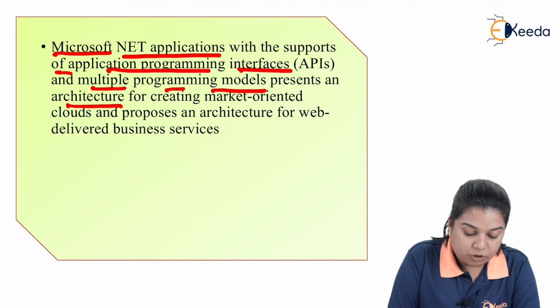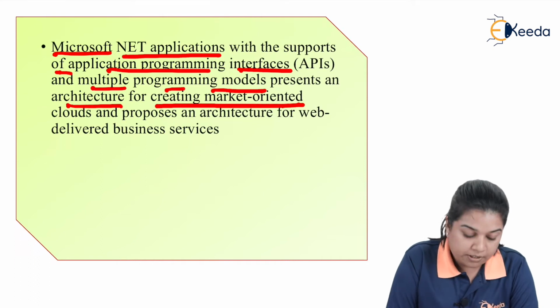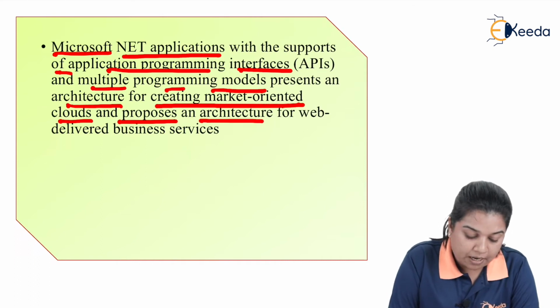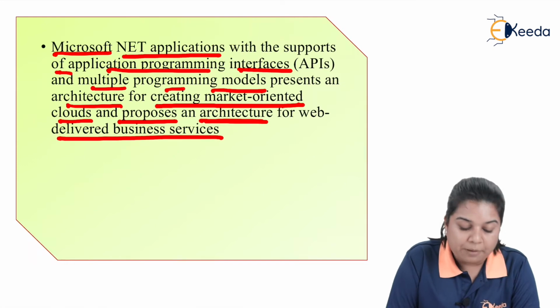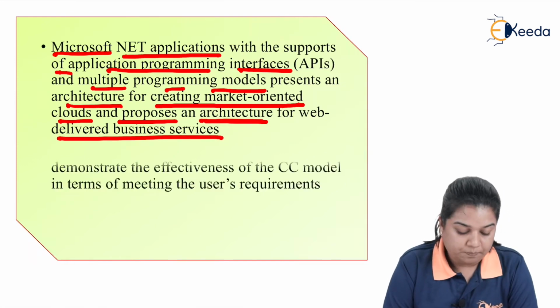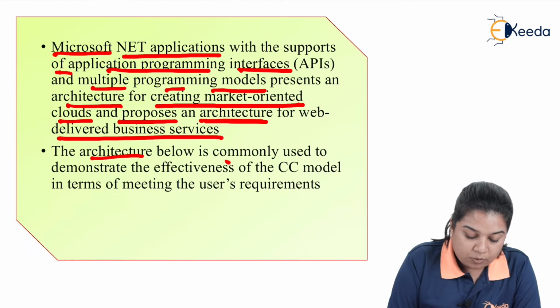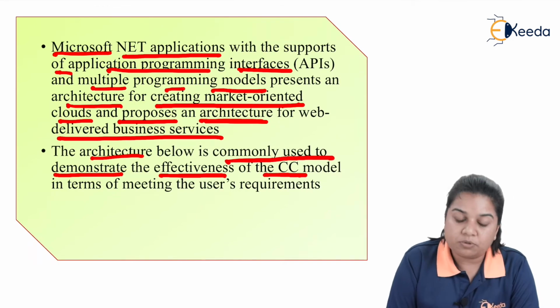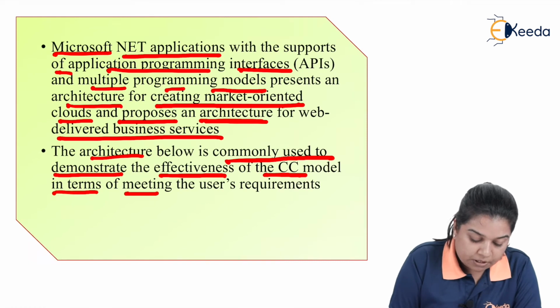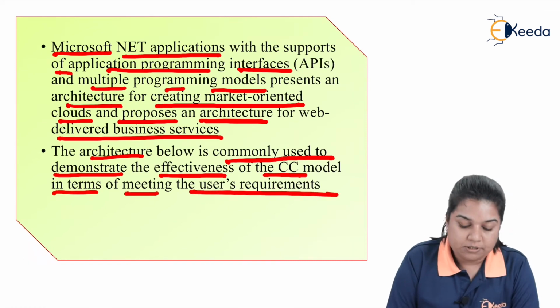Another presents an architecture for creating market oriented clouds and proposes an architecture for web delivered business services. The architecture below is commonly used to demonstrate the effectiveness of the cloud computing model in terms of meeting the user's requirements.